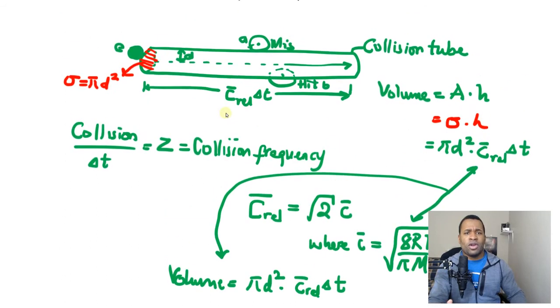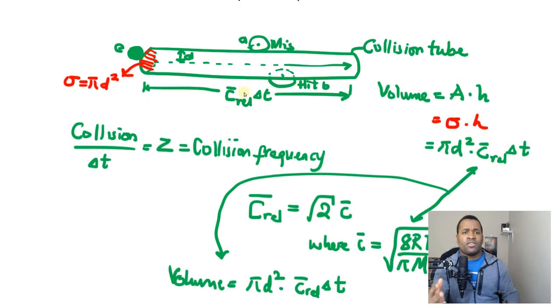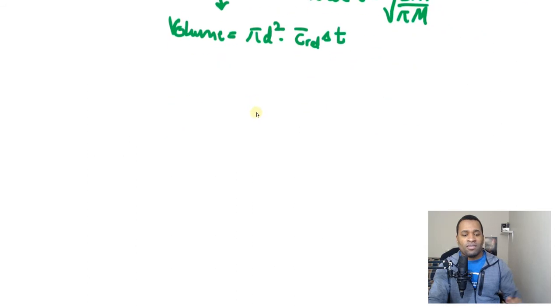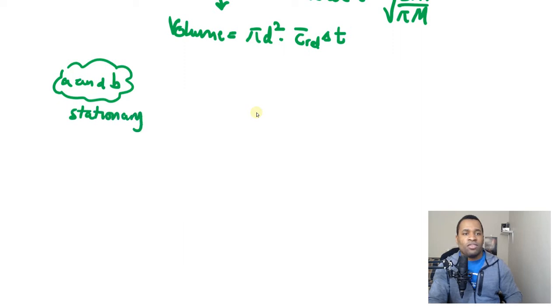Now, to determine the number of particles here, we need to consider stationary particles in this particular space. The stationary particles are represented as A and B. Where we make that condition, taking that A and B are stationary, we need to apply this to the moving particle, which in this case is E, and E in this particular question is expressed as nitrogen gas.